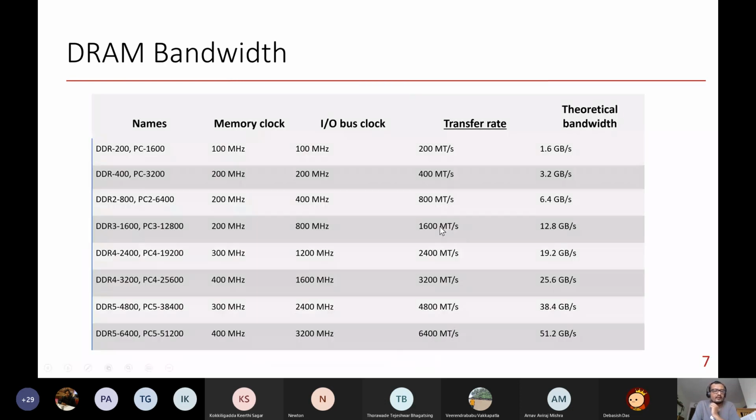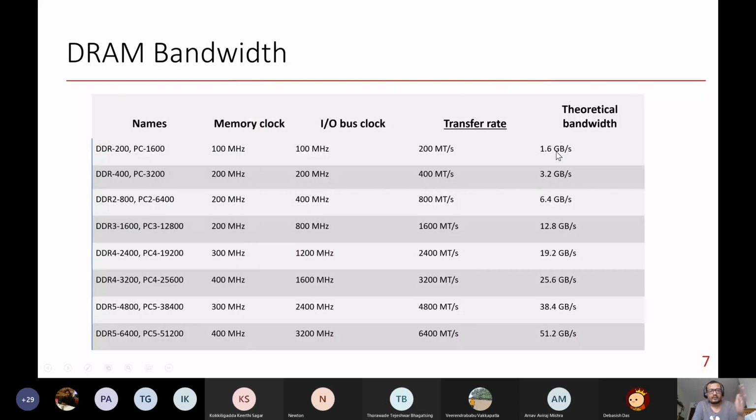Just a high level overview of the kind of bandwidth that you can get in today's DIMMs or the DDR standards. DDR5 is kind of the latest. It's already there in the market. If you look at the bandwidth that it provides, it's around 50 Gbps. This is the history that is visible here in terms of bandwidth.